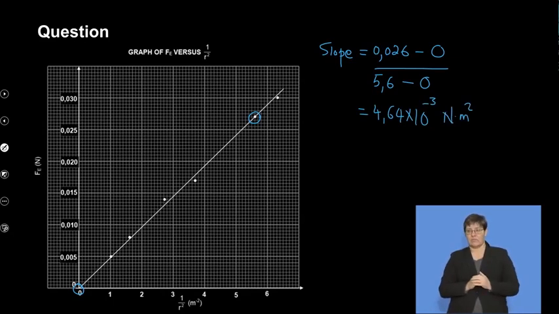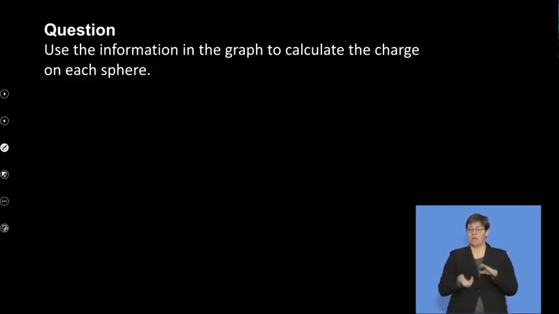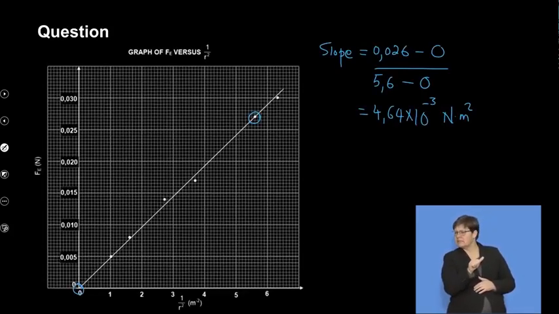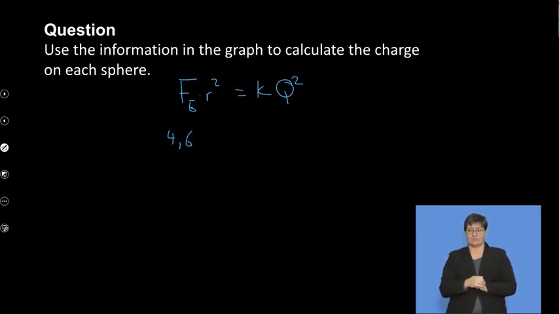And then the question wants us to calculate the charge. Remember, these charges are actually identical. So what do we have here? We've got F electrostatic r squared is equal to k Q squared. Now we have this slope, 4,64 times 10 exponent negative 3.